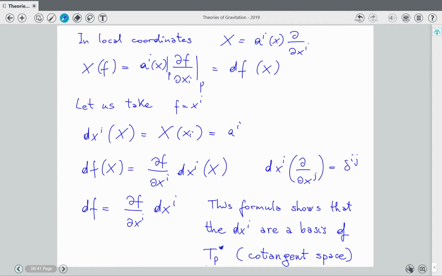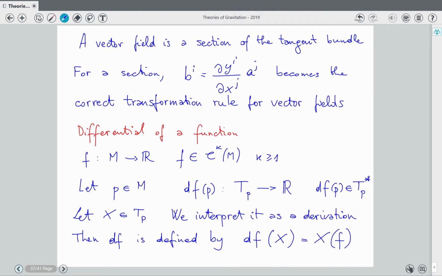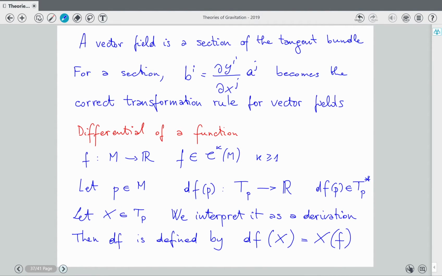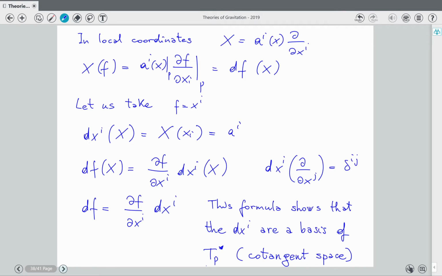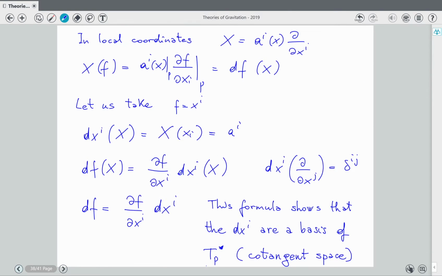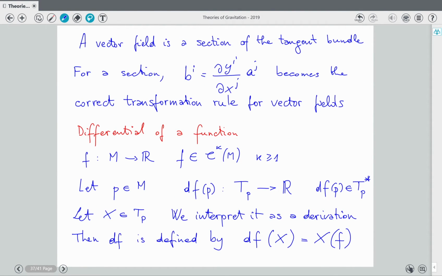Or maybe I forgot to prove it. Yeah, I think I forgot to prove it. It's a simple consequence of the definition, which is this one.